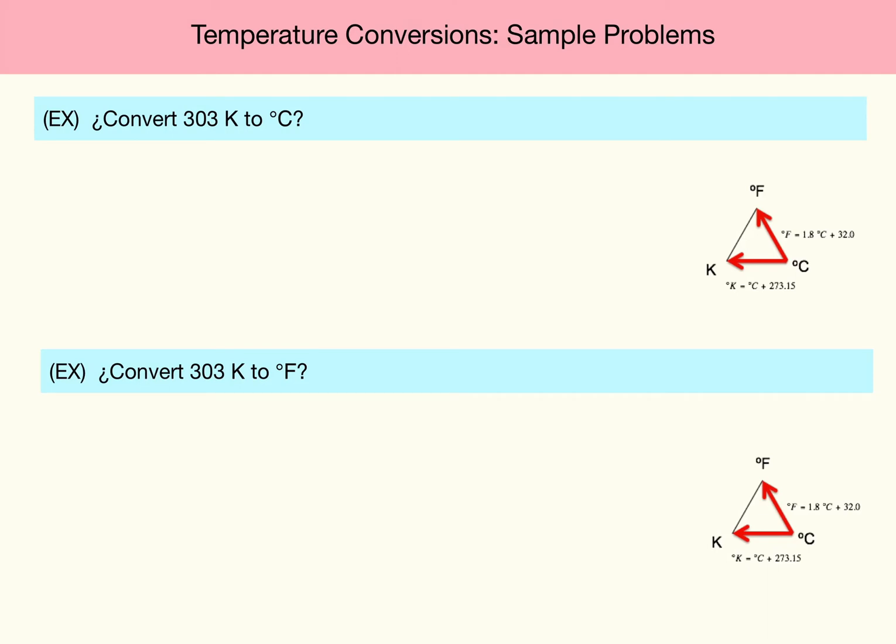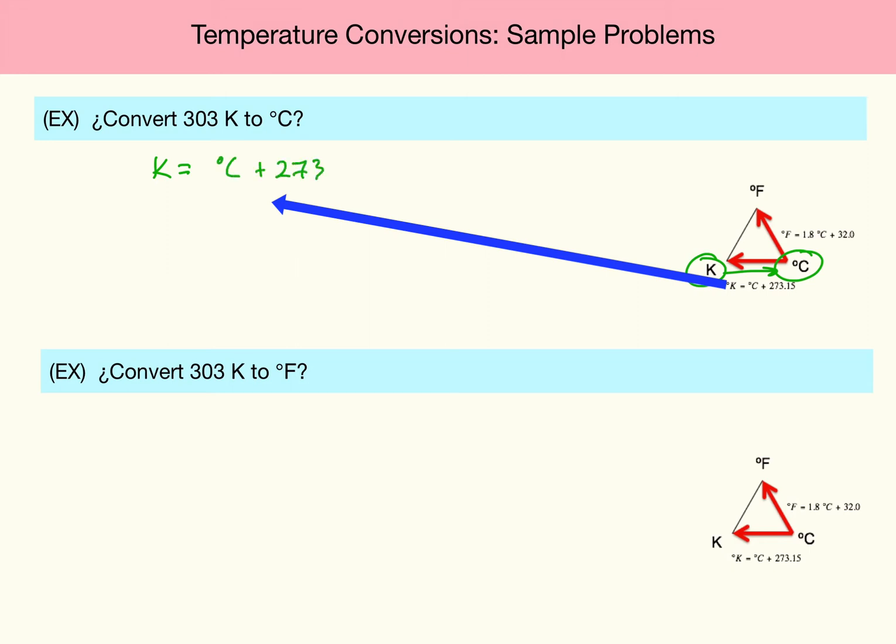So with that, let's work a couple of sample problems. Convert 303 Kelvin to degrees C. So I'm going to go from K to degrees C. I can see this is opposite the way that I've memorized the equation, so I know I'm going to have to do a little algebra on this one. Let me write my equation down: Kelvin is equal to degrees Celsius plus 273.